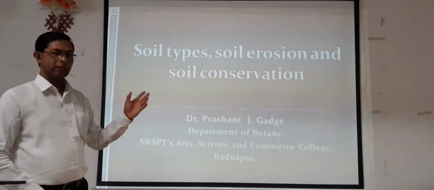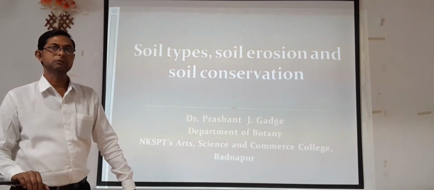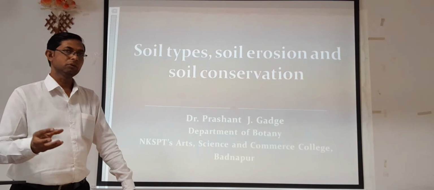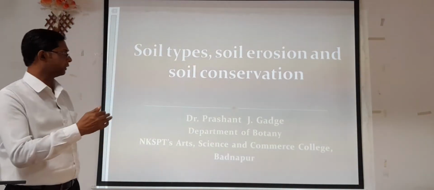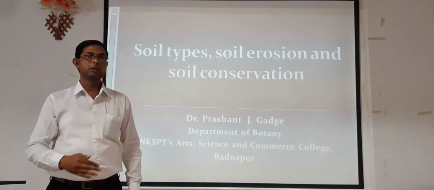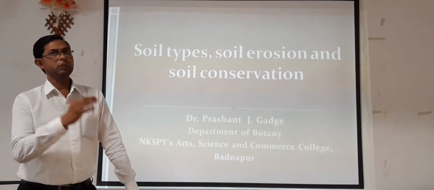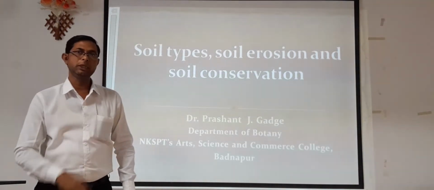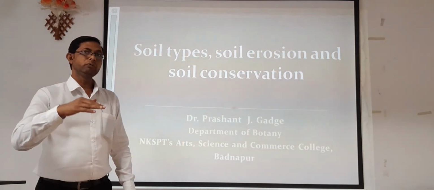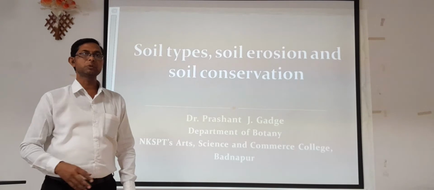As we know, soil formation is a very complex process which starts with weathering, and after weathering the soil is produced. That's why there are different layers and different types of soil observed in different regions. Particularly in India, when we move to different places, we can see different types or structures of soil.